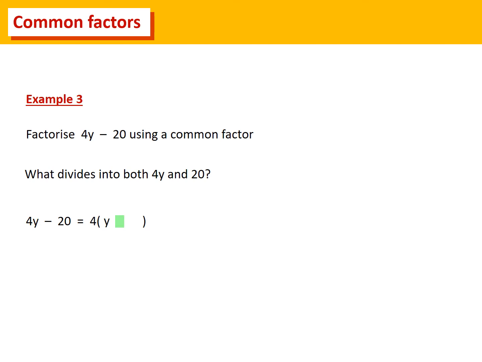The sign in the bracket has to match the sign of the expression, so that would have to be a subtraction. And then finally, 4 times something has to give me 20, so that something must be 5. And 4y subtract 20 can be written as 4 brackets y subtract 5.